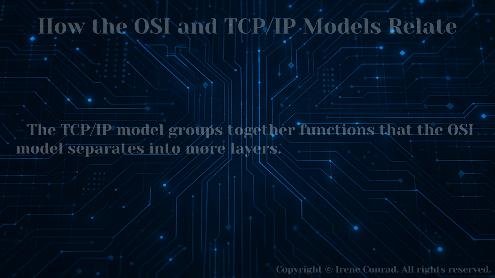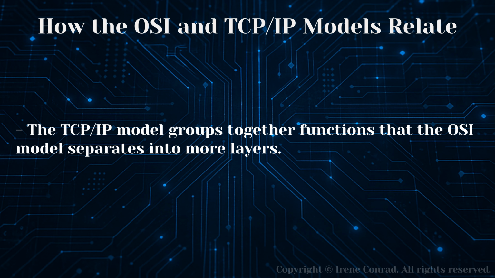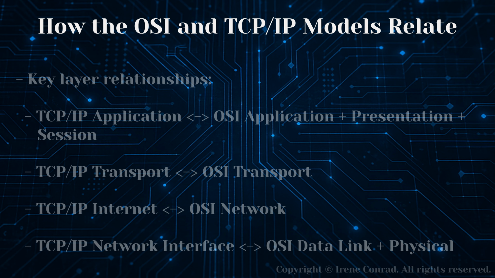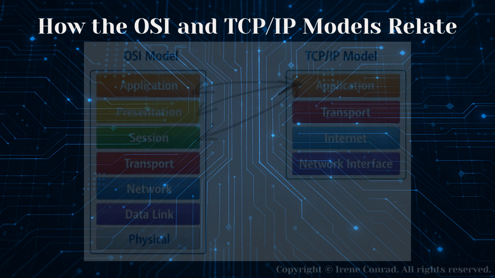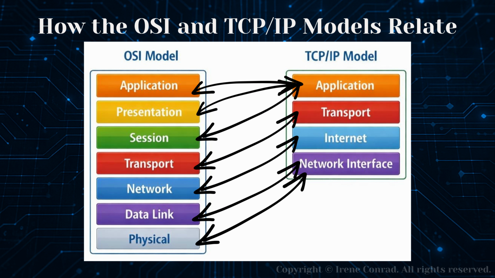Here's the easiest way to think about the relationship between the two models. The TCP/IP model combines some of the OSI layers together. For example, the TCP/IP application layer covers work that in the OSI model is divided into application, presentation, and session layers. The TCP/IP internet layer lines up with the OSI network layer.